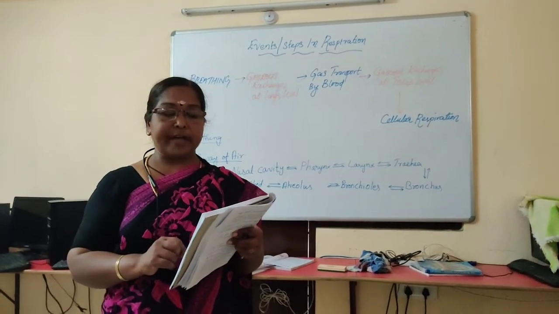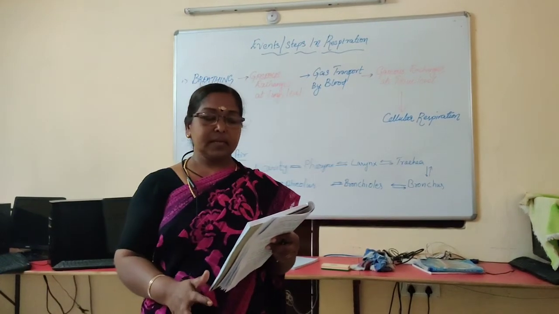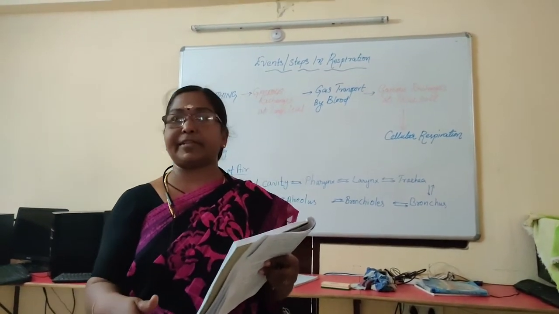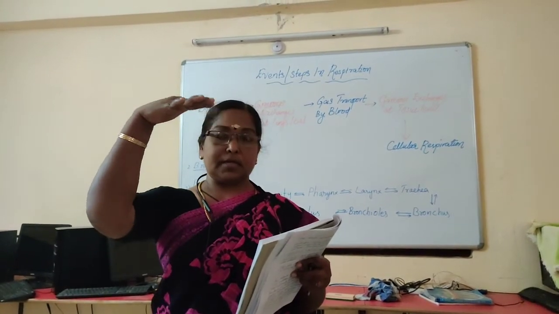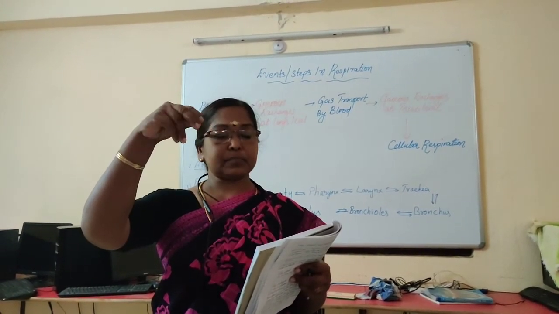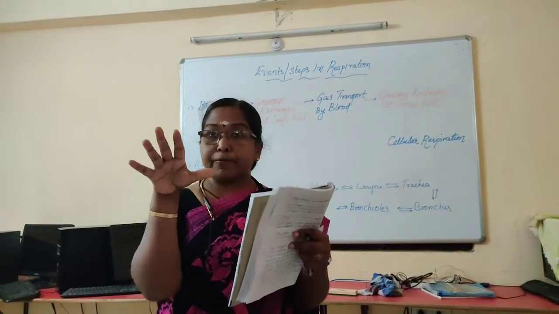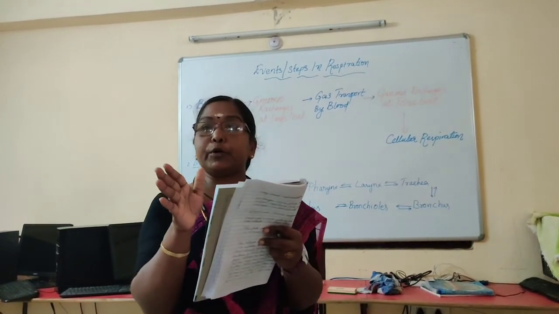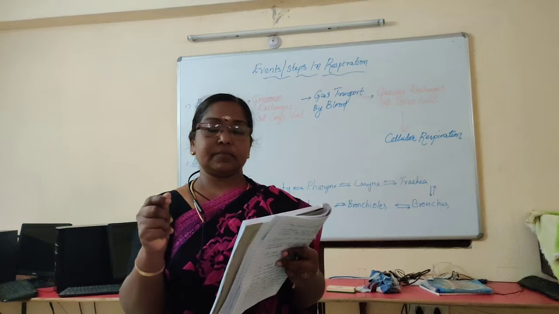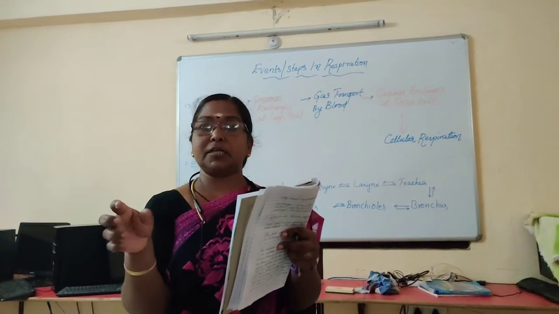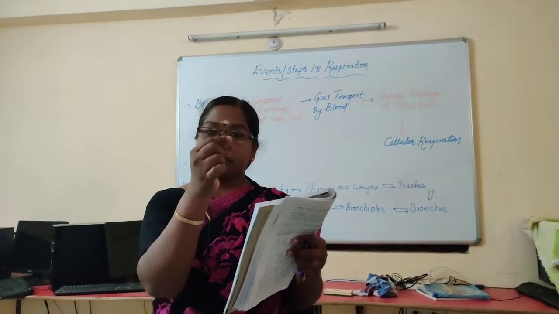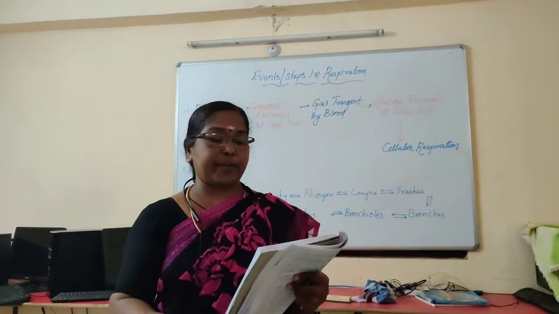From the pharynx, two passages begin from nearly the same opening. From the same point, two ways start. One is the food pipe, our digestive part. One is our windpipe, our respiratory part.